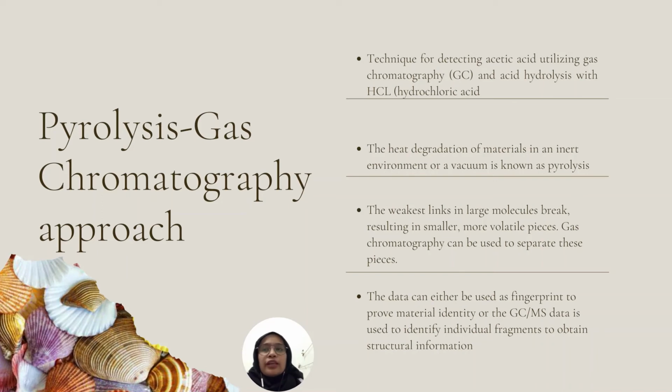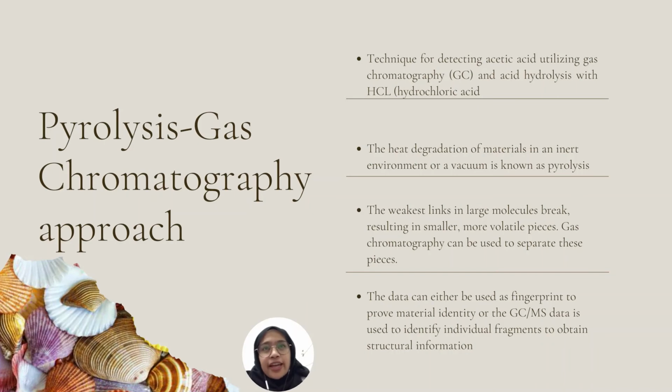Gas chromatography can be used to separate these pieces. The data can either be used as a fingerprint to prove material identity, or GC-MS data can be used to identify individual fragments to obtain structure information.